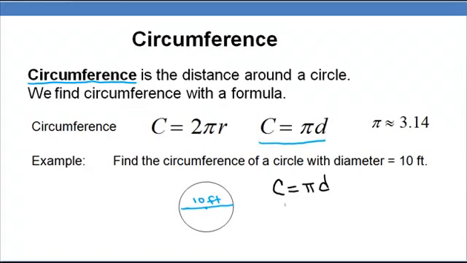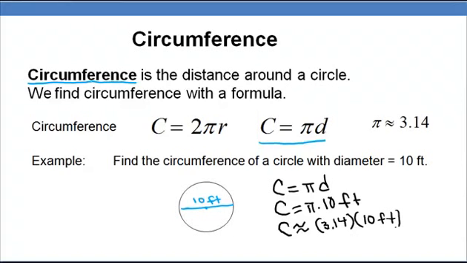So we have C equals pi times 10 feet. This is still exact, 10 pi feet. As soon as we substitute pi, it will become an approximation. So we have 3.14 times 10 feet.